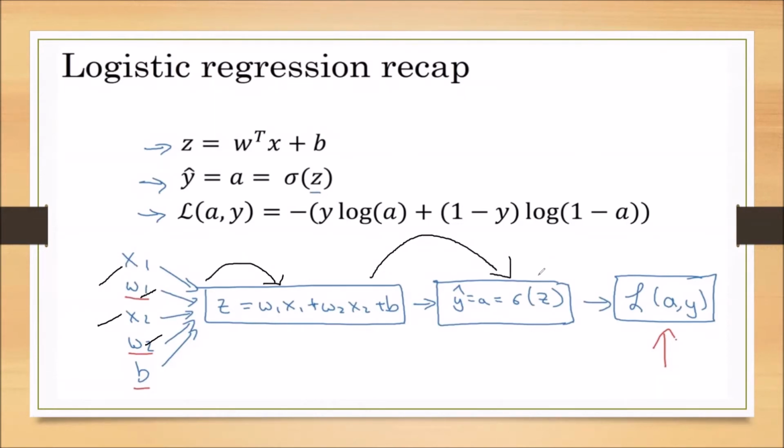Now, with the availability of the predicted output, we are checking what the loss function is for a single training sample. So this is called forward propagation. It is like a wave moving forward, propagating forward. That's why this is called forward propagation. So forward propagation is used to find the loss function for a single training sample.